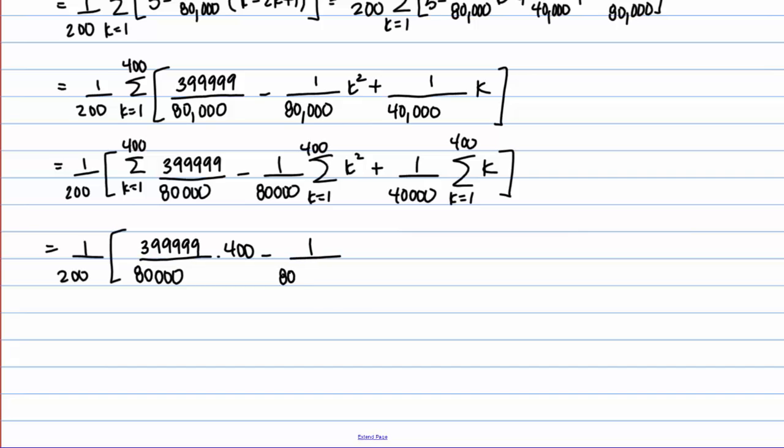I didn't recopy the formulas here, but remember the sum of k squared was n times n plus 1 times 2n plus 1, over 6. So here n is 400, n plus 1 is 401, 2n plus 1 is 801, and that's all over 6, plus 1 over 40,000, and the formula for k was n times n plus 1 over 2.